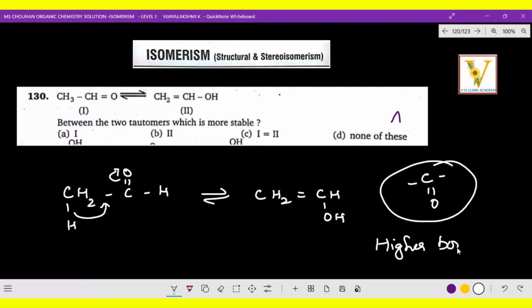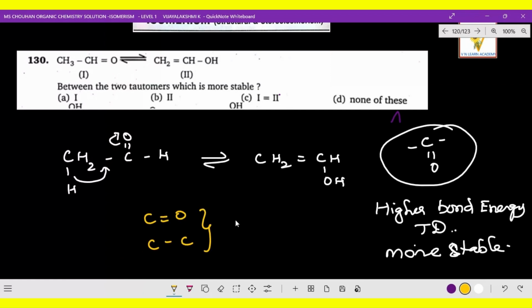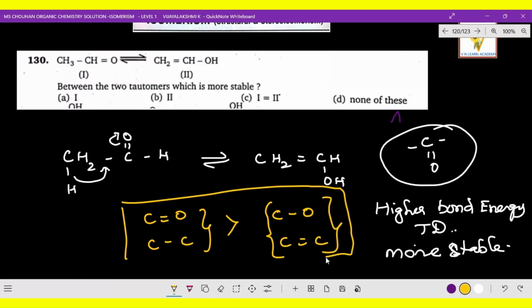Here is another point also: C double bond O with C single bond C is greater than C single bond O with C double bond C. The latter is weaker, and the former is stronger. C double bond O, the carbonyl group, is stronger than C double bond C. I hope you got the clarity.